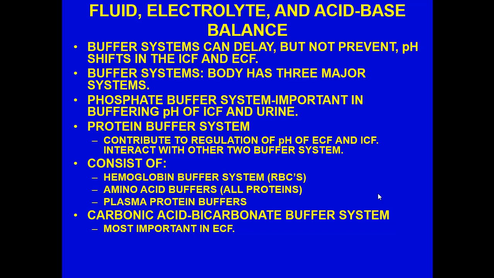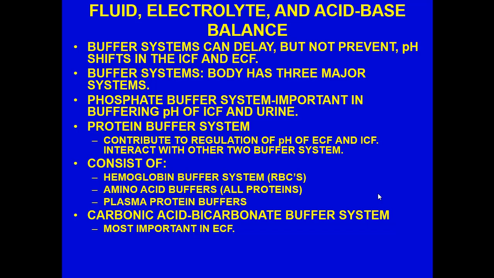They can delay it because what buffers do is they blunt the pH shifts, so it's not so severe, but they can still eventually succumb, as if you have concentrations of ions of hydrogen, for example, increasing tremendously due to some physiological abnormalities, otherwise known as disease, or if you have less and less of carbon dioxide present, and so the pH shifts toward alkalosis. We'll get more into that in a few minutes.